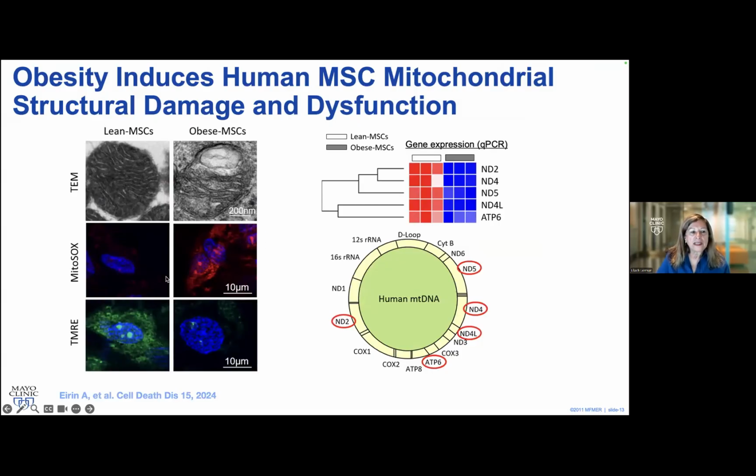Here you can see staining for MitoSOX, which detects mitochondrial oxidative stress, which is clearly increased in obese MSC, as you can see in red. On the other hand, TMRE staining that detects the mitochondrial membrane potential is significantly decreased in obese MSC. This is associated with a significant change in expression of genes that are encoded by the mitochondrial circular DNA, such as ND2, ND4, and others.